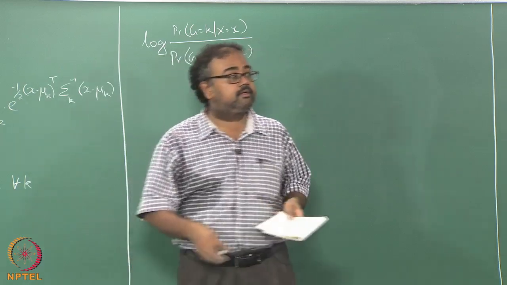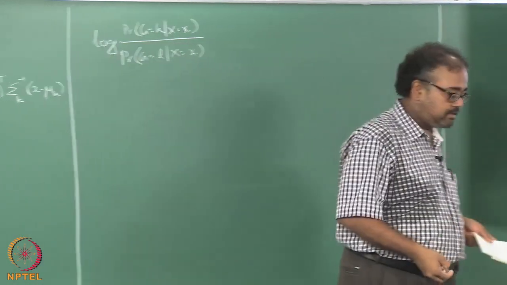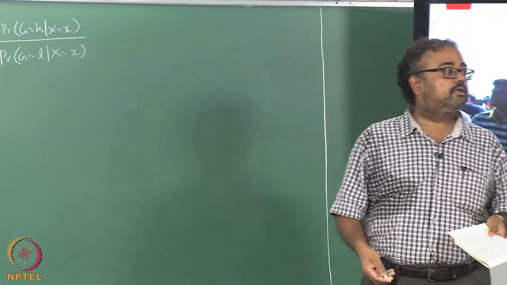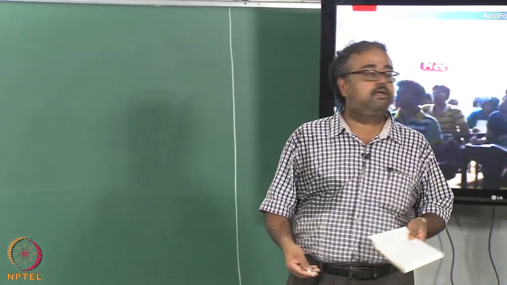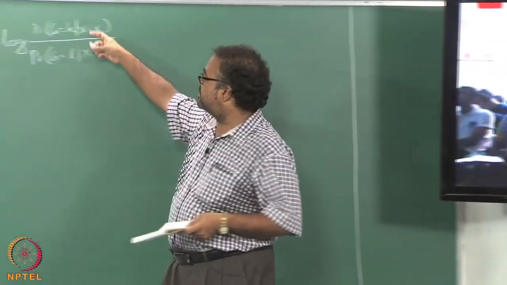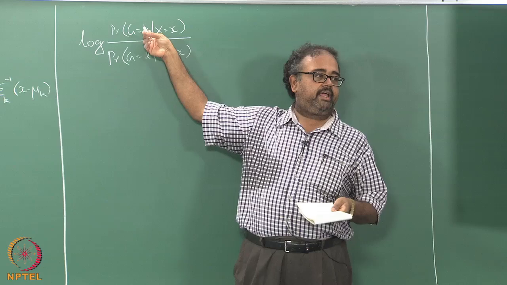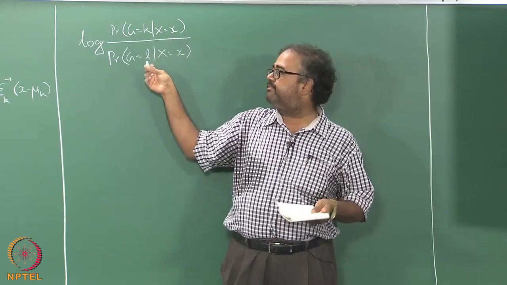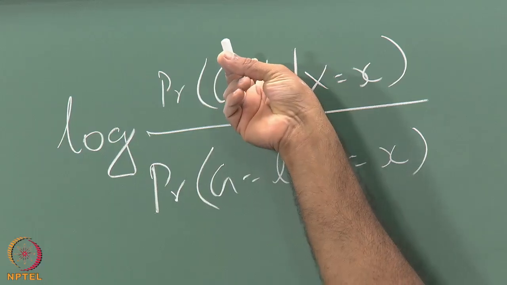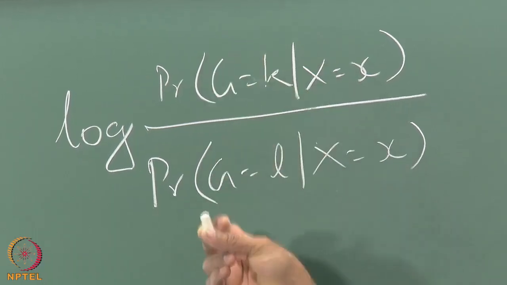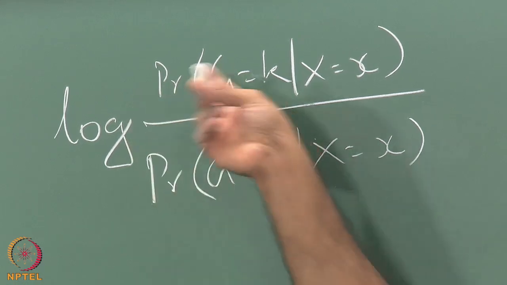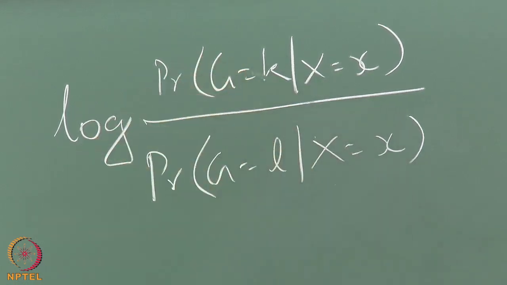Why are we looking at the probability of that data point belonging to a different class in the denominator? So this gives you the boundary. When the probability of it belonging to k is higher than the probability of it belonging to L, then you will put it in k. You will have to do this for every pair of classes to make sure that you have the right class.